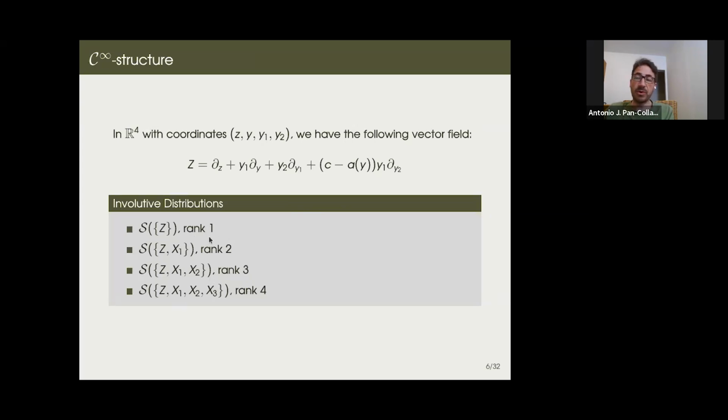The first one, which is our goal, is very thin, and they are increasingly thicker. Observe that all of them have integral manifolds, and of course the integral manifold of the last one is the complete, total space R4, and the integral manifolds of the first one are what we want.